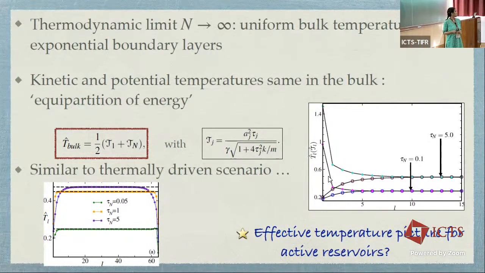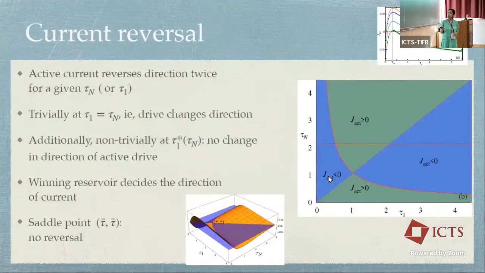Kabir? Yeah, you were able to derive the exact distribution for the currents, but you also gave the average current and that saddle point. What does the distribution tell you about the saddle point? Distribution of the local current. Yes. Does it diverge at the saddle point?